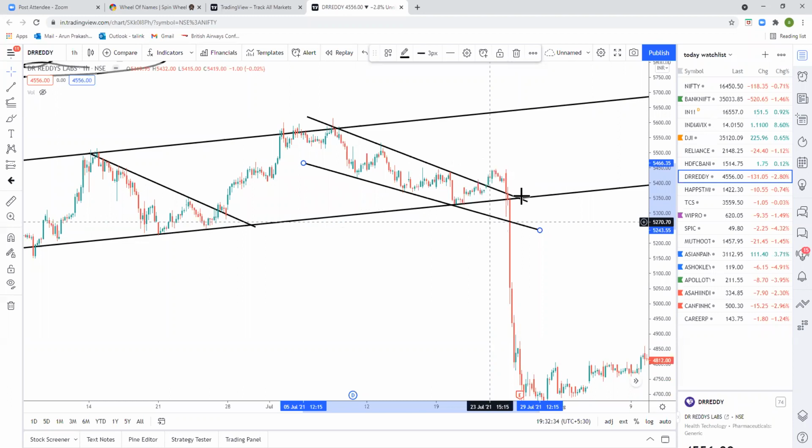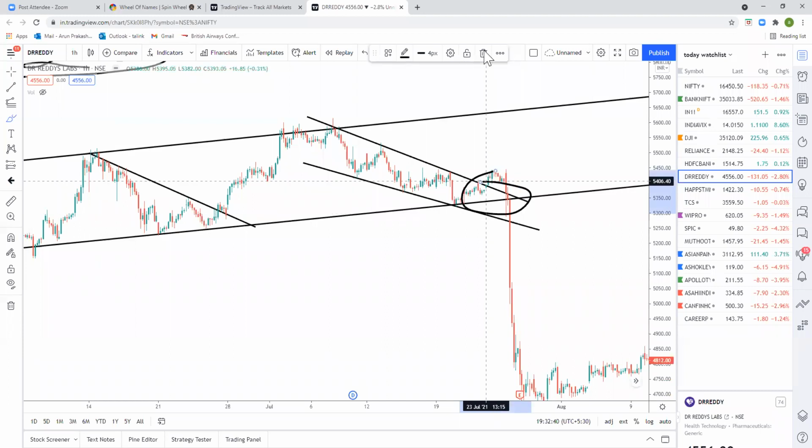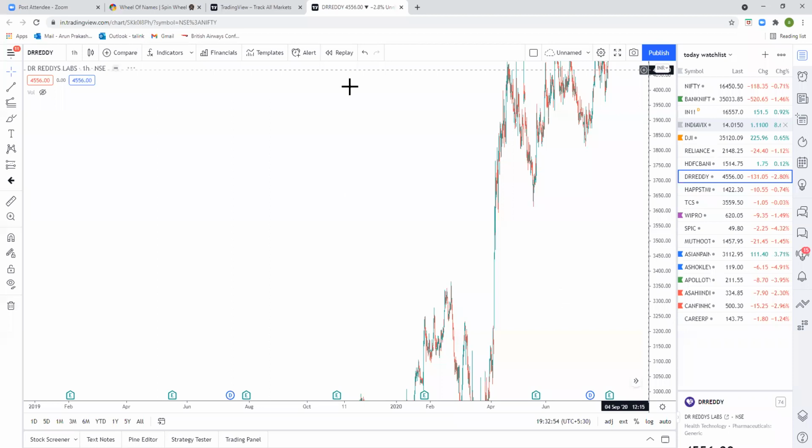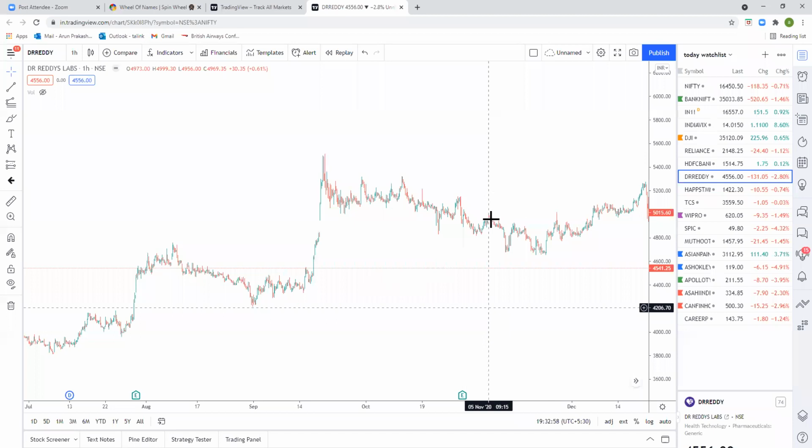Whenever a particular stock declares its results, it will be volatile. You won't know whether on any given day it could shoot up 5% or 10%. Like it did the previous time when I showed you, it was good news about some vaccine production, so it shot up. This time the results were bad and it fell down.